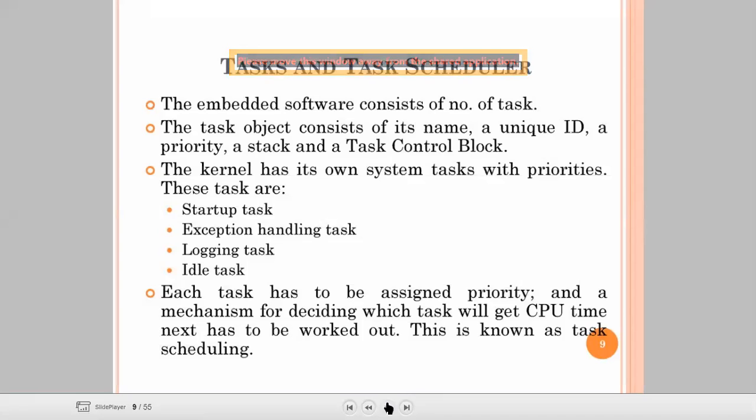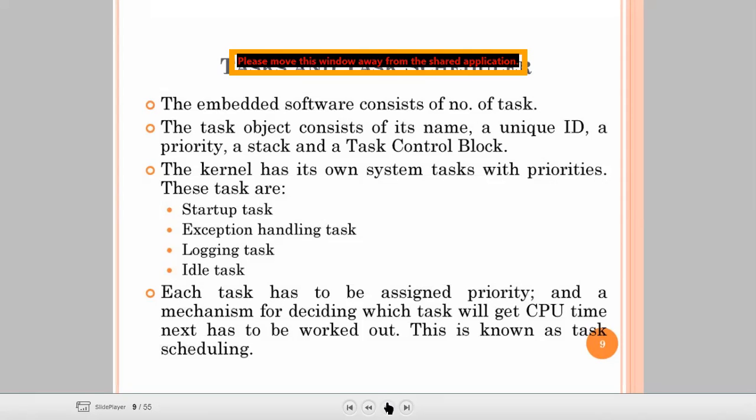The task object consists of its name, and each task is assigned a unique ID, a priority, a stack, and a task control block.